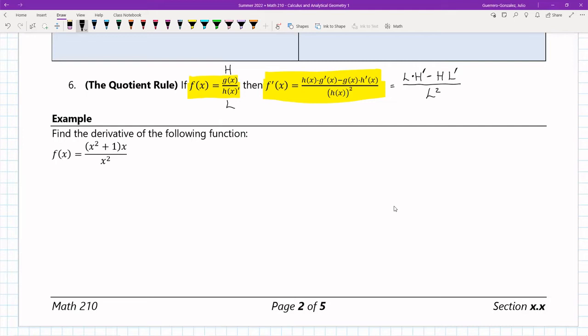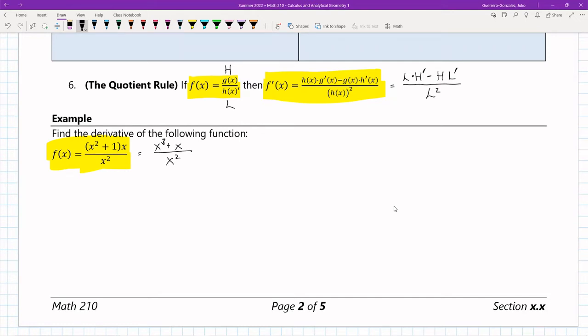Now I'm going to go ahead and use that to find this derivative right here. The first thing I'm going to do is expand the very top a little bit. So it's going to be x cubed plus x over x squared.